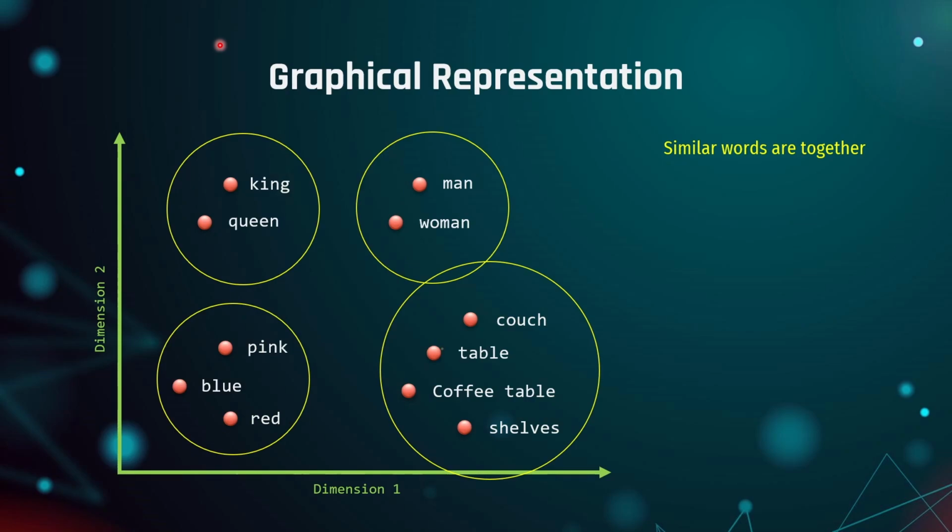So king or queen, they share similar features. For example, king or queen, they both share a royalty, right? Similarly, আমরা যদি focus kori man or women, they share similarities in terms of their genders, right? Similarly, pink, blue, red, they are colors, ebong couch, table and others, they're basically furnitures, right?